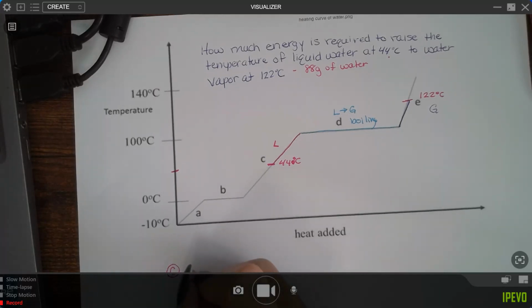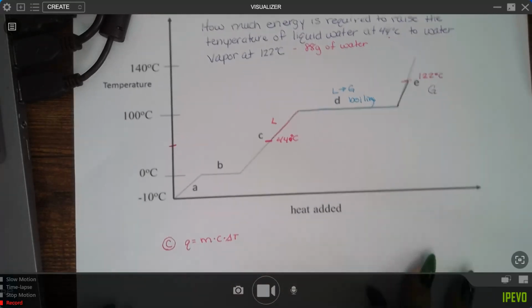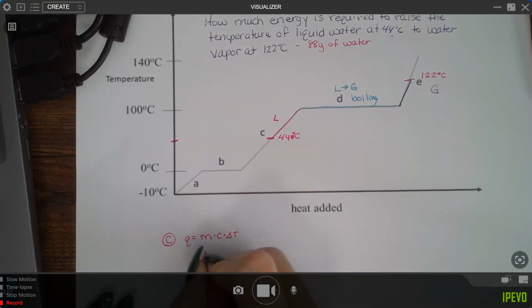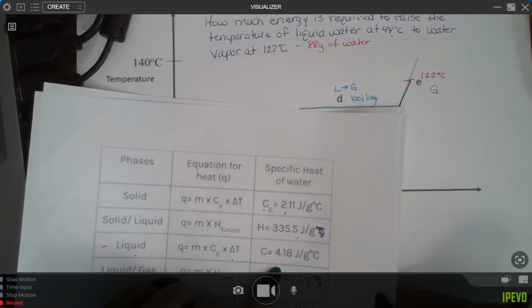I said we have 88 grams of water, and from our table the specific heat is 4.18.